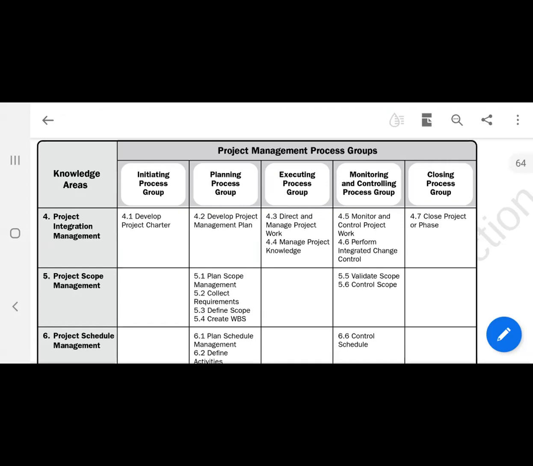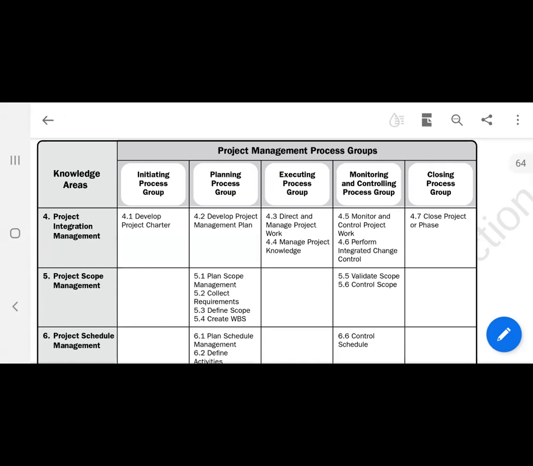ITTO. And then once you identify all the inputs, tools, techniques and outputs for each process, you now begin to see the logical relationship, what we call logical mapping and integration and application of these processes across the entire project management framework.